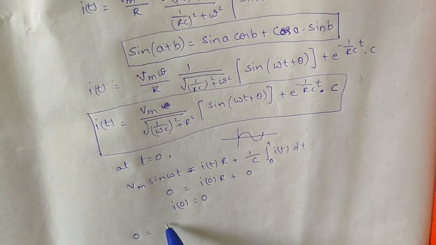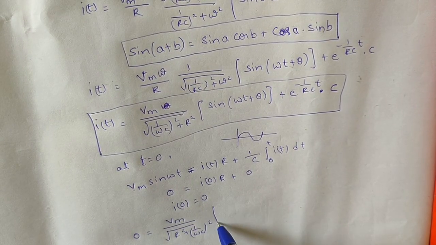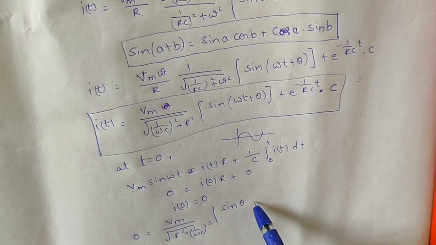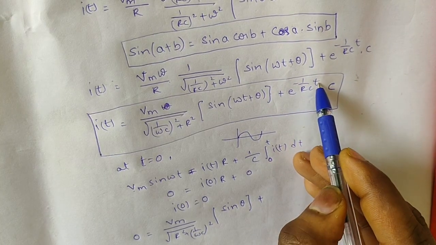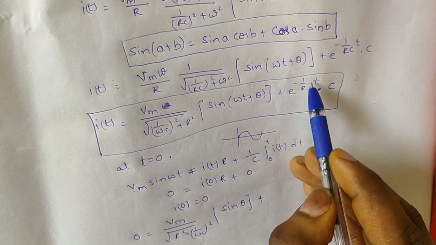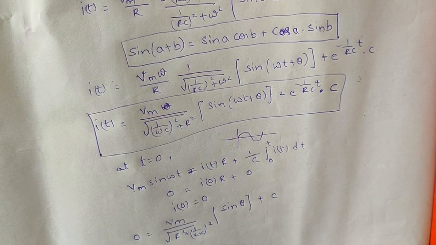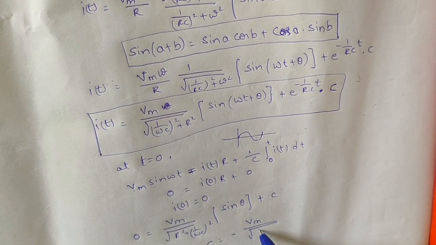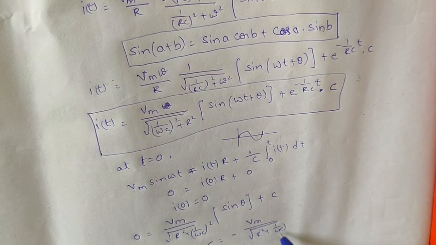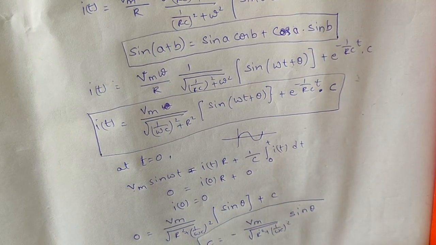So 0 is equal to Vm under root of R square plus (1 by omega C) whole square into sin theta plus e power (1 by RC) into t. If t is 0, e power 0 is 1, then it is C. Therefore C will be minus of Vm by under root of R square plus (1 by omega C) whole square into sin theta. This is the C value.